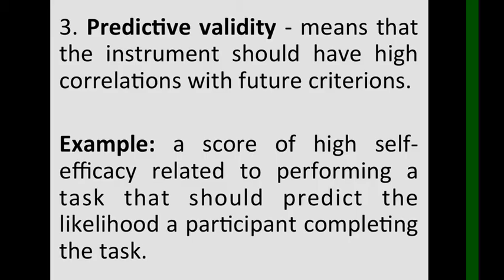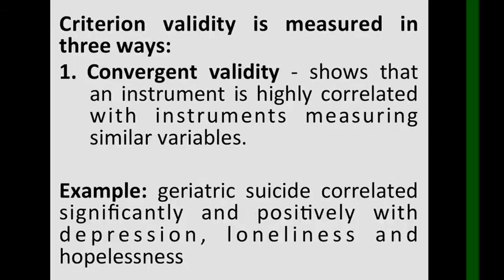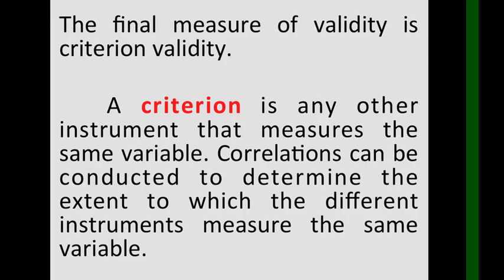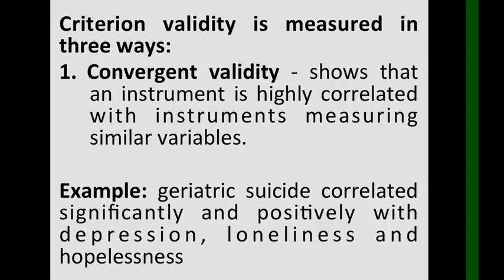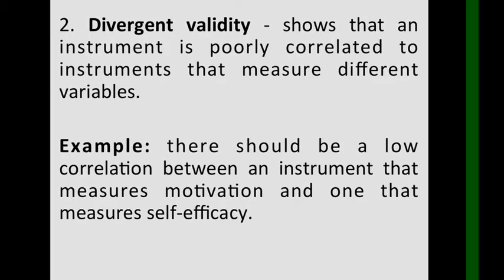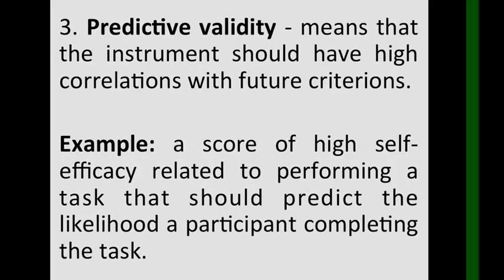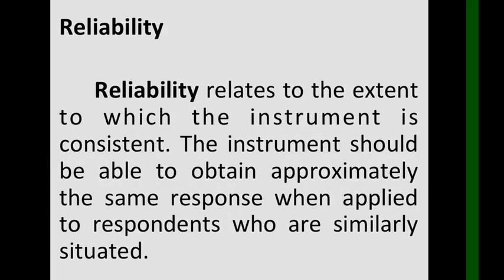So, yun ang tinatawag nilang predictive validity. Mapapredict daw. Okay, so these are the different types of criterion validity. Number one is convergent validity, the highly correlated, the divergent validity, the poorly correlated, and predictive validity, the high correlations with future criterions.